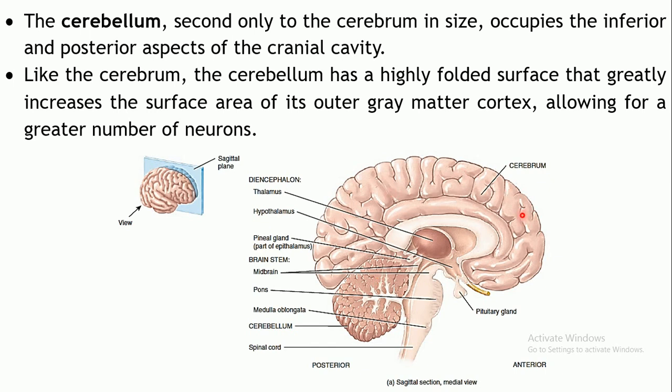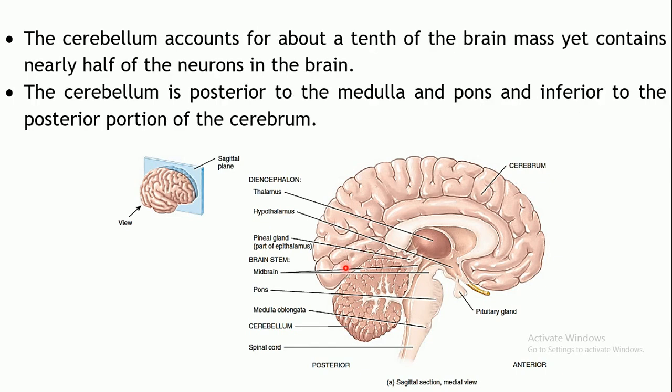And just like the cerebrum has a number of folds, similar folds are also present in the cerebellum, which increase the surface area of the outer grey matter, as you can see. So that's why there are a number of neurons present in this particular region.